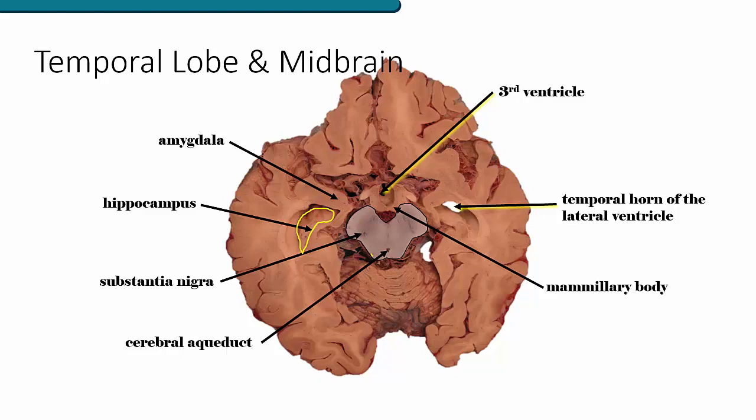And most posteriorly, we can see the superior colliculi here. We can also see the crus cerebri here, or the cerebral peduncles here, which is where our white matter tracts from the upper motor neurons are going to travel through the midbrain.